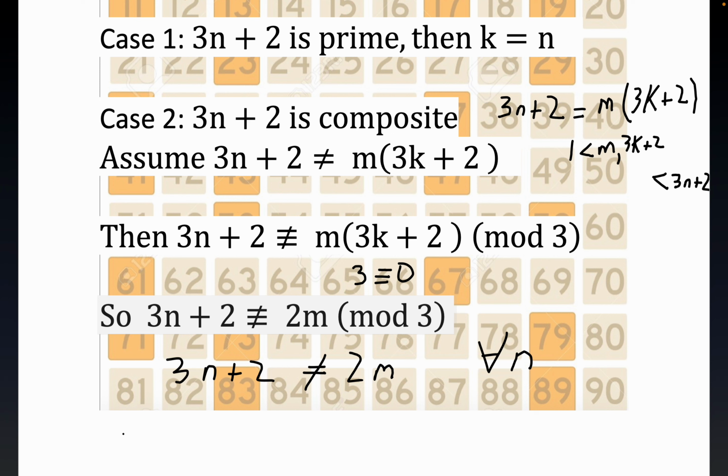If n is even, this left-hand side is even, right? And you would get 3n plus 2, an even number, which would contradict this.